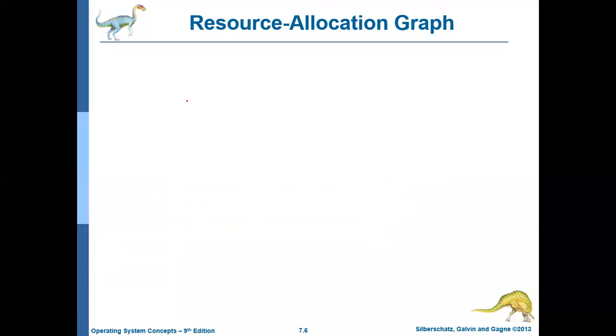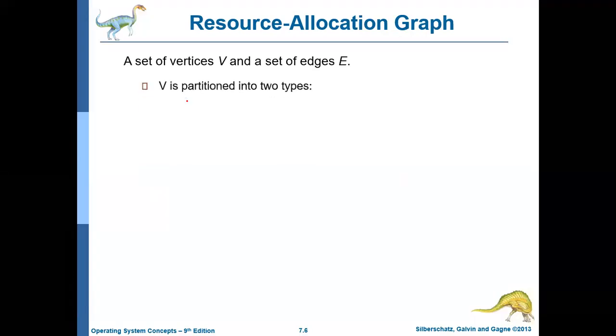So any graph will have vertices and edges. Vertices are represented as V and edges are represented as E. And there are two types of vertices. The first type of vertex is process.